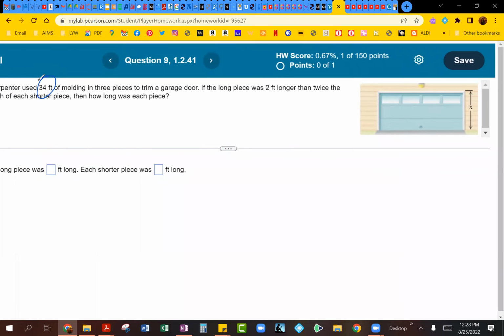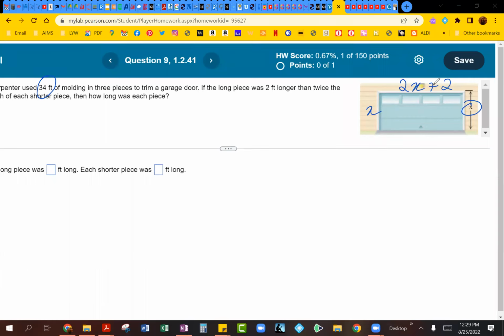So if the shoulder piece is X, so both of these side measurements would be X, what expression or what term can you come up with for that long piece if it is 2 feet longer than twice the length of the shoulder piece? Very nice. So it is twice as long as the shoulder piece, plus it is 2 feet longer. Very nice.